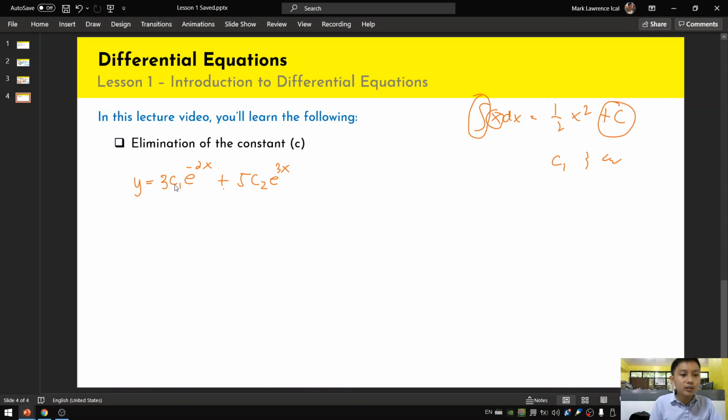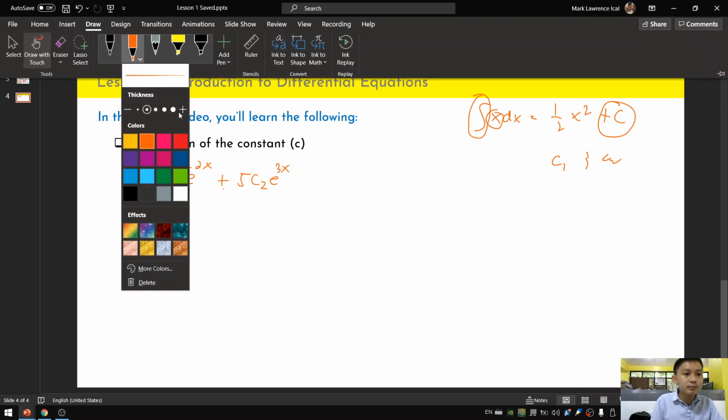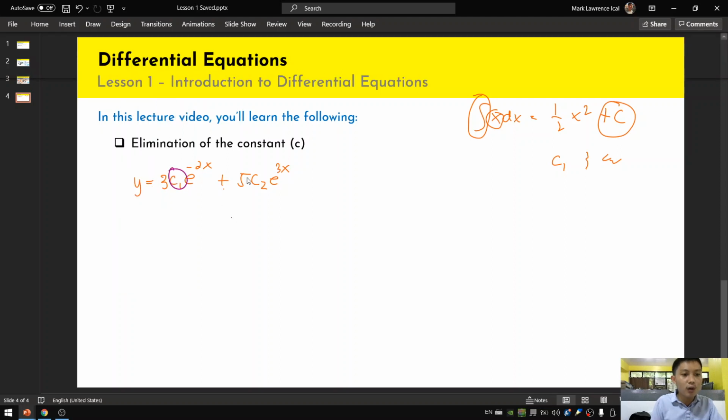So for this one, you see that we have c1 and we have c2 here. It means that this equation should be differentiated. Now, when we see something which has c, it means that nag-integrate tayo. Now, the opposite of integral is the differential or derivatives.